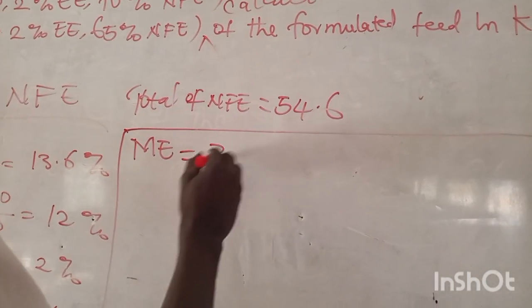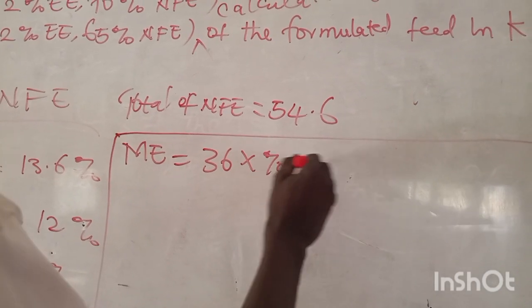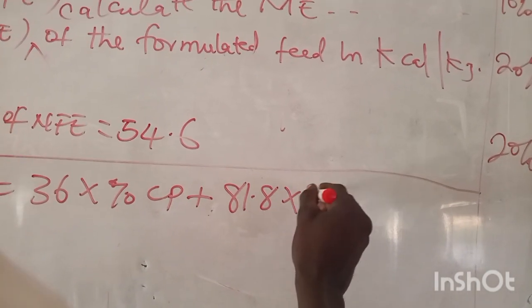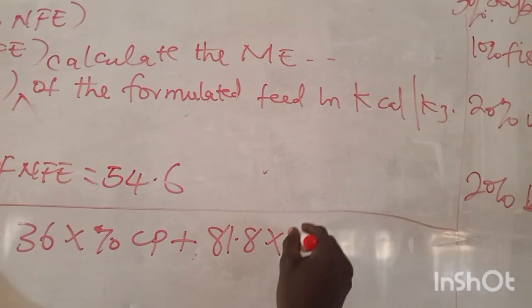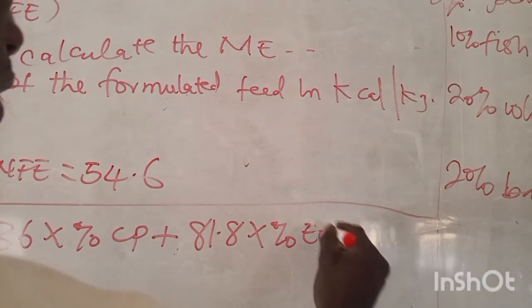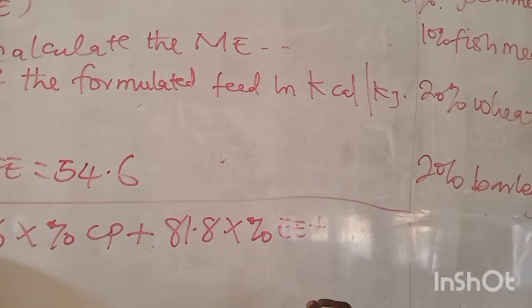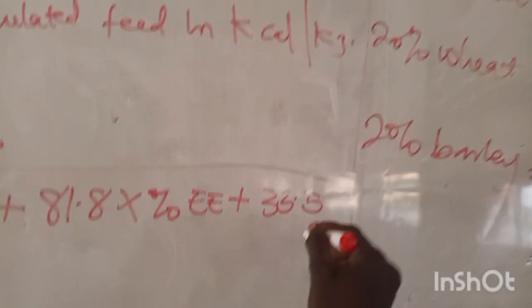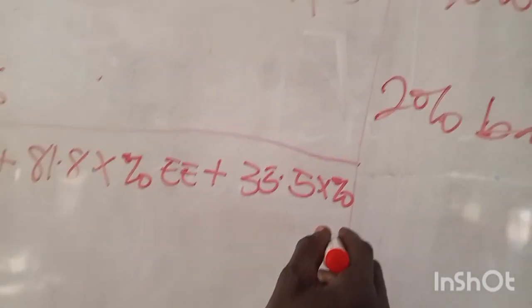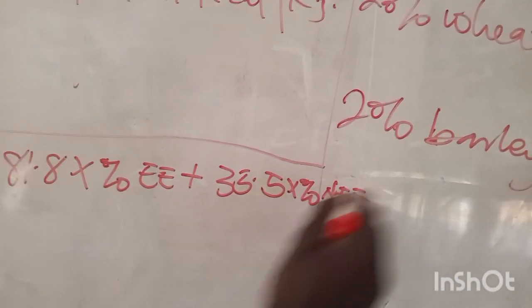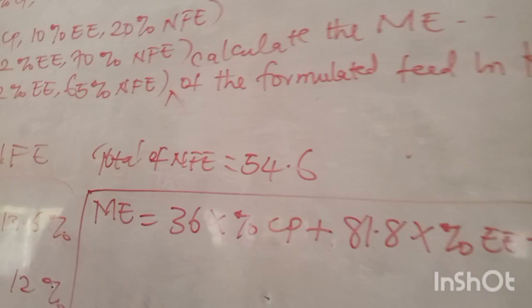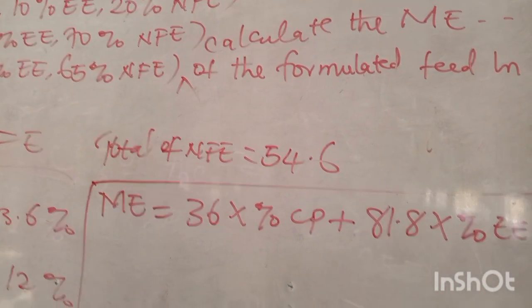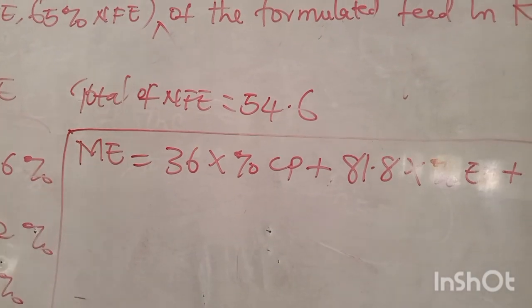We say 36 times percent CP plus 81.8 times percent EE plus 35.5 times percent NFE. So this is the formula. Now, since we have gotten the value for CP, the value for EE, and the value for NFE, the only thing we are going to do right now is to substitute the values and we have our result.